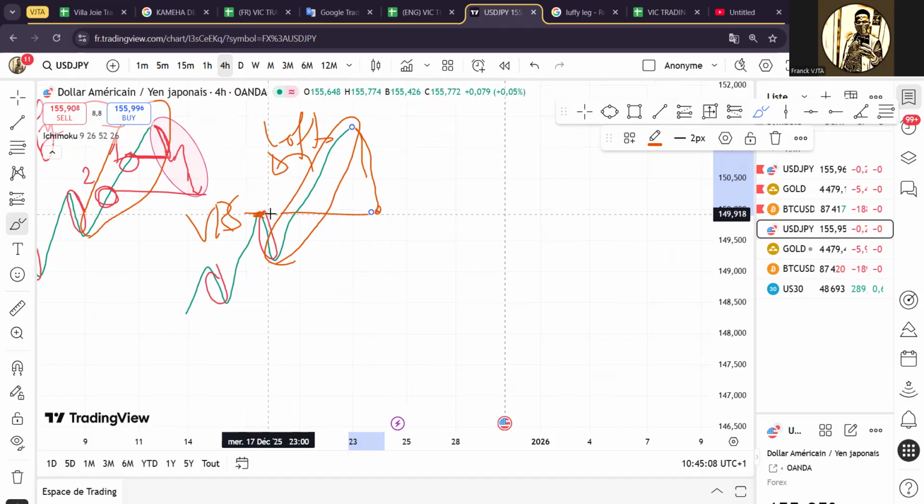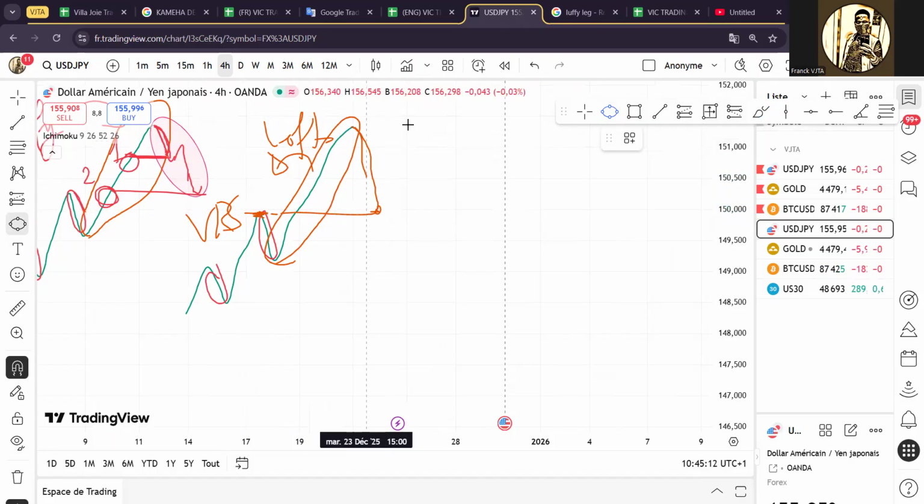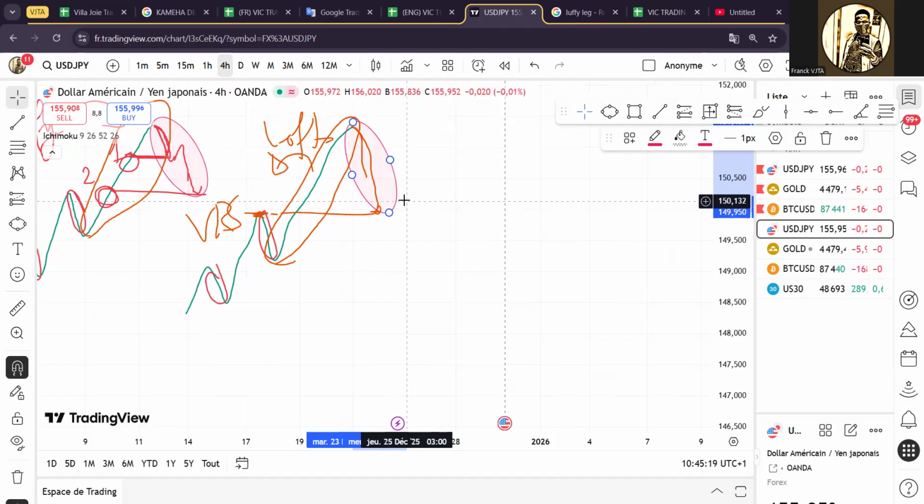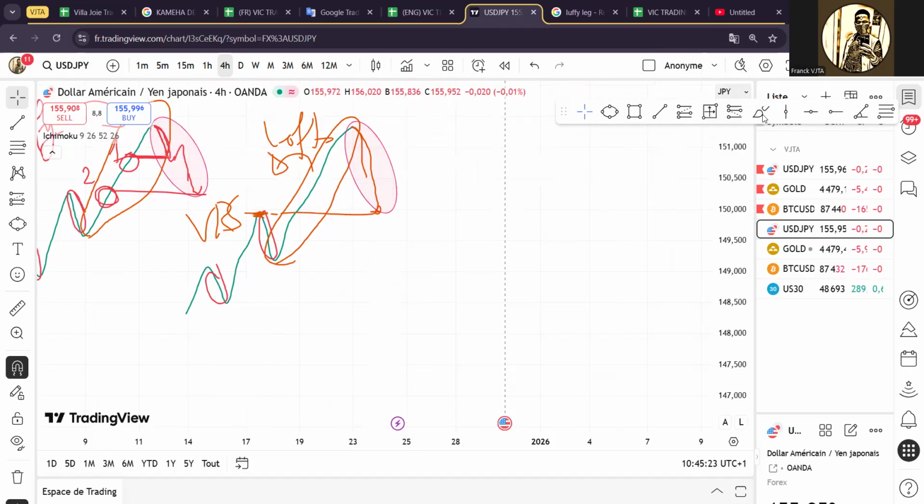So you can actually now draw a circle like this and put a correction and say that this will be the correction.